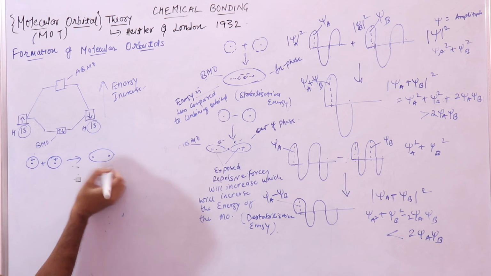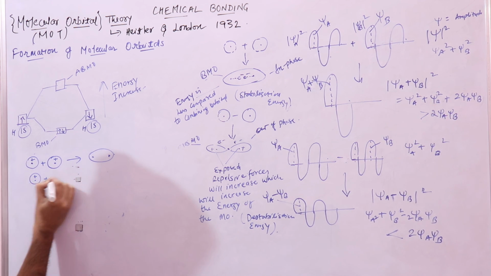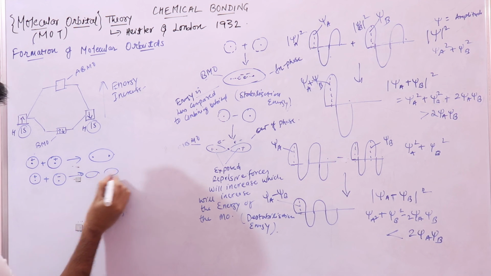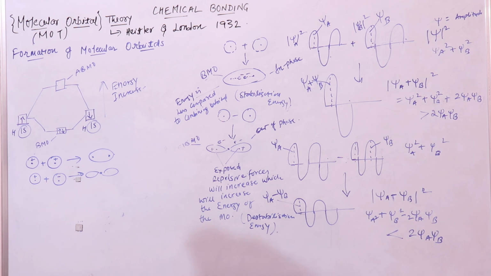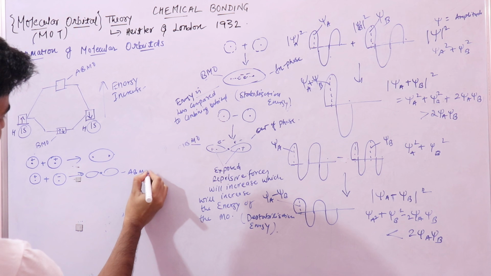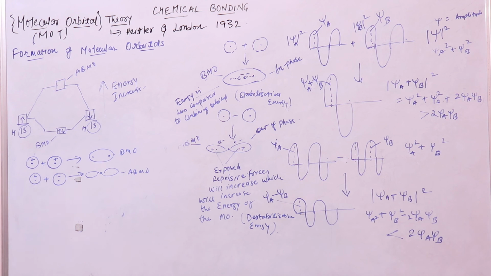This is your constructive interference. The other way is plus of this combining with minus of this, which forms a smaller orbital with a node between. This is your antibonding molecular orbital, and the earlier one is your bonding molecular orbital.